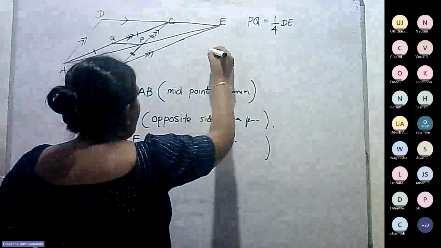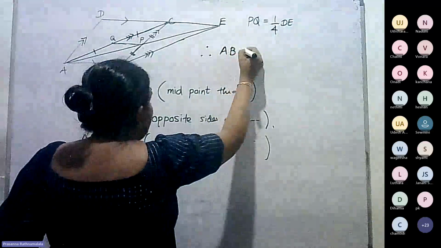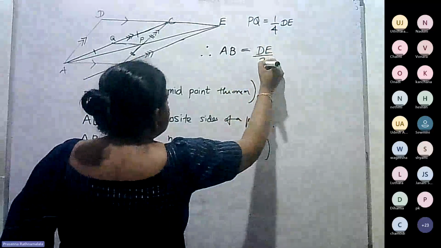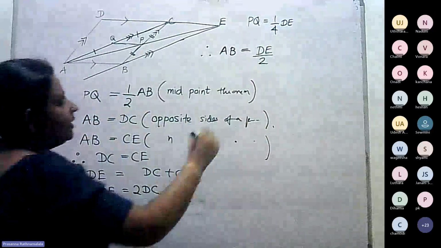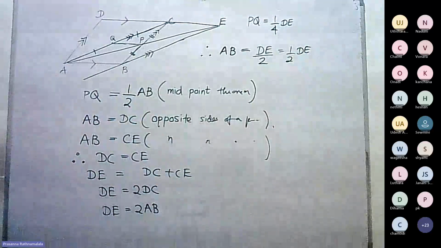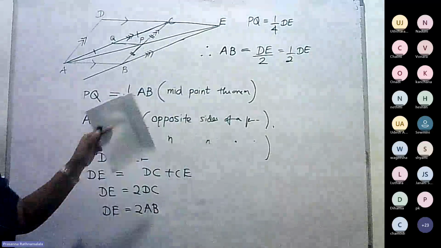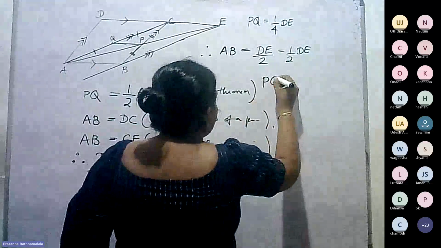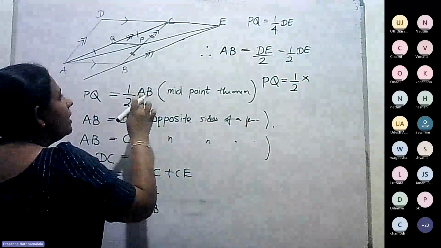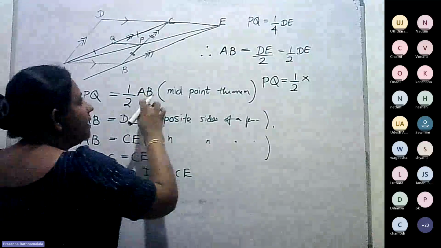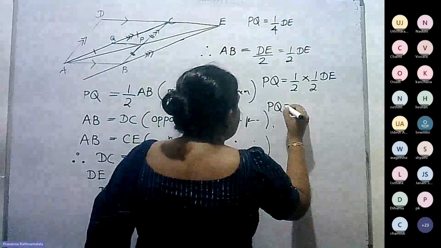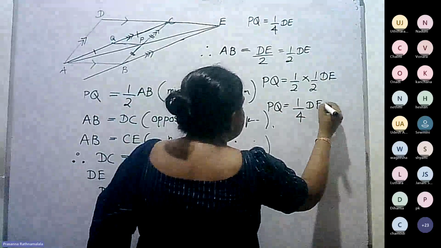Therefore, AB equals DE divided by 2, that is half times DE. Now substitute half of DE for this AB. Then PQ equals half times, half is a constant. Now substitute the value of AB, that is half of DE. PQ equals 1/4 of DE.